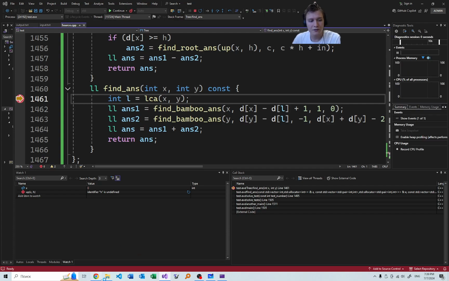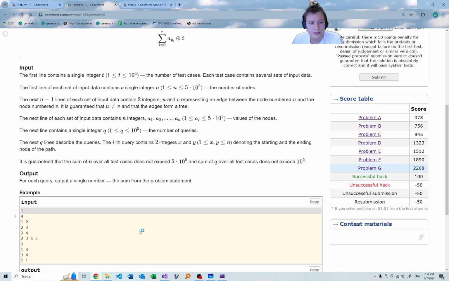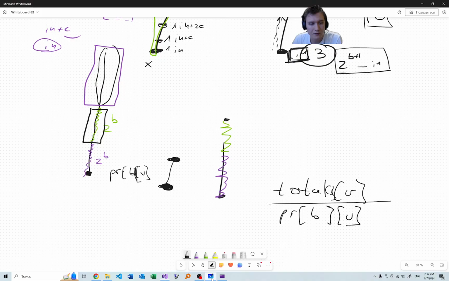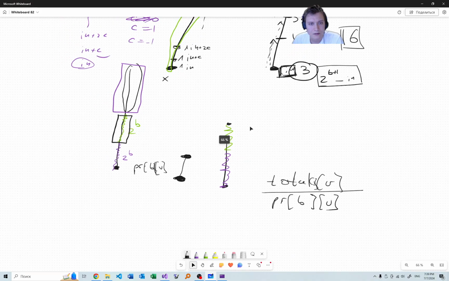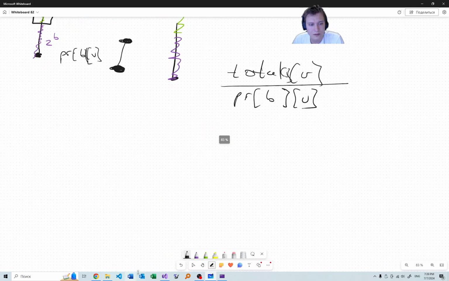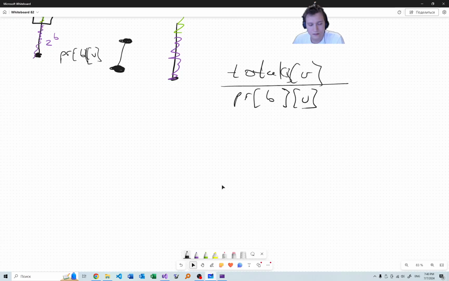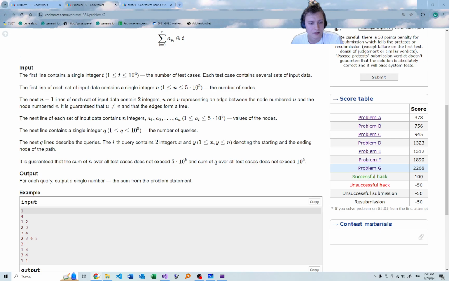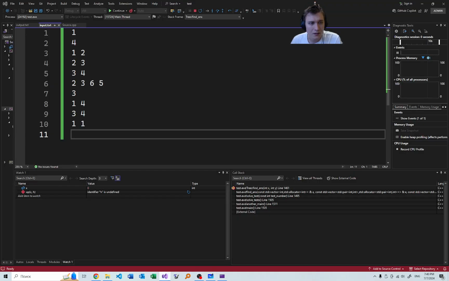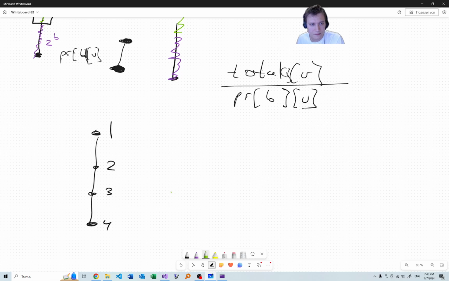Okay, I think we'll need to draw this example to see what's going on. Yes, so we have a tree, 2, 3, 6, 5.